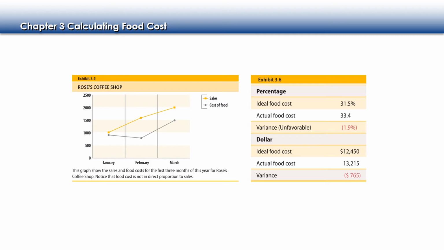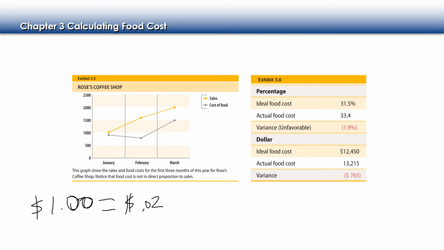Well, what is 2% of $1? 2% of $1 equals 2 cents. That means every dollar bill that we are coming in for sales, 2 cents of that is over our initial budgeted ideal food cost. That means 2 cents of every dollar.